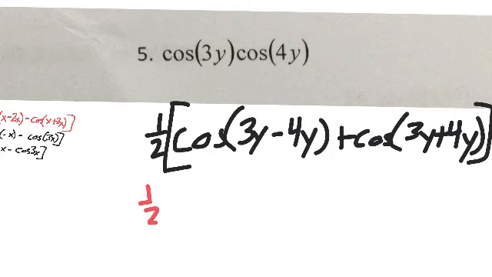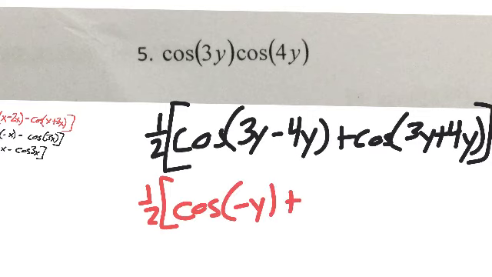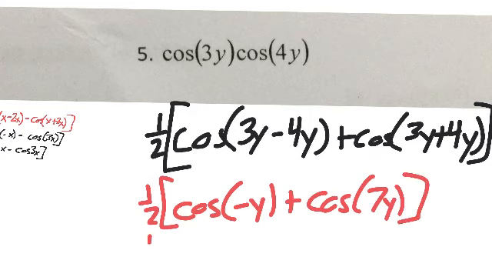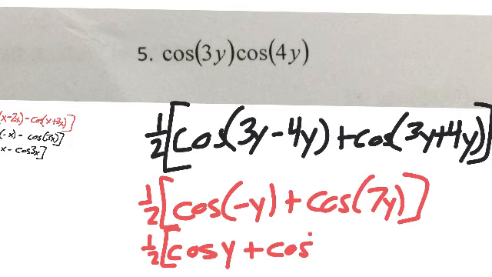Simplifying that, that's 1/2 times cosine of negative y plus cosine of 7y. So that's 1/2 times cosine of y plus cosine of 7y.